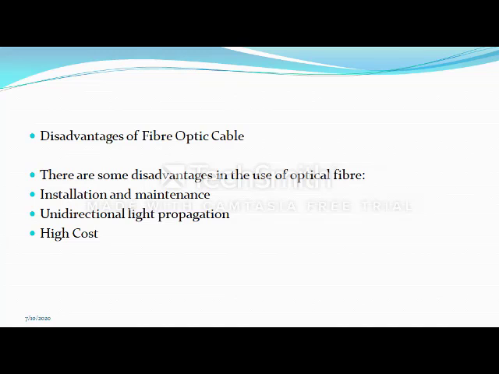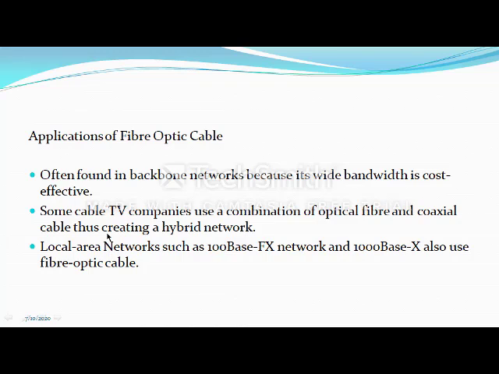What are the disadvantages? There are some disadvantages in the use of optical fiber. Installation and maintenance is one of them, unidirectional light propagation, and the cost is more. These are the different disadvantages of fiber optic cable.